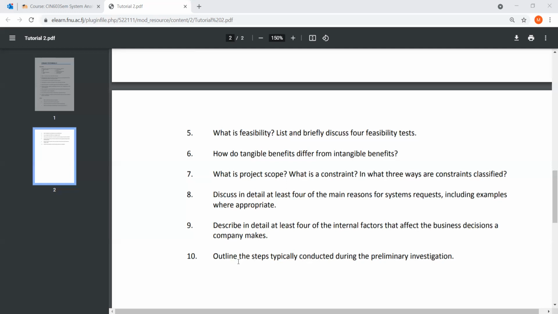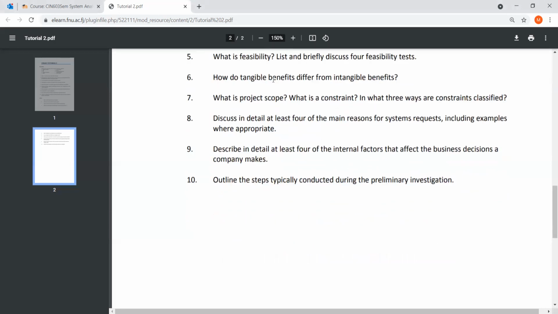So that takes us to question number 6. How do tangible benefits differ from intangible benefits? Just on a side note, tangible benefits and intangible benefits become part of economic feasibility. They will be counted in as projected benefits. So let's differentiate between the two. Tangible benefits are measured in dollars.